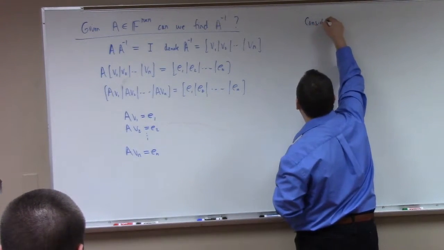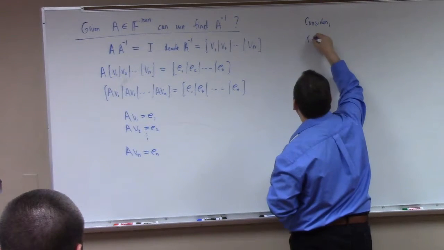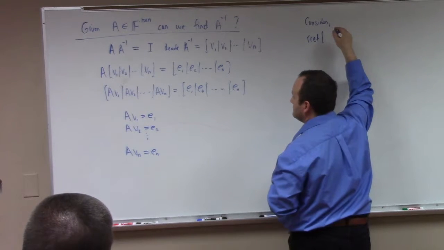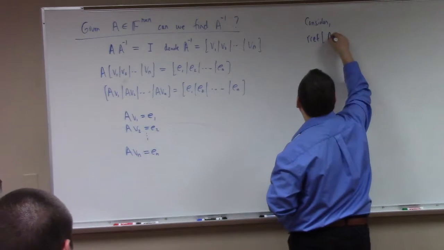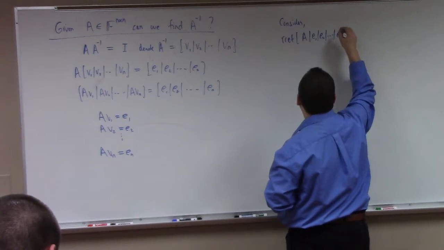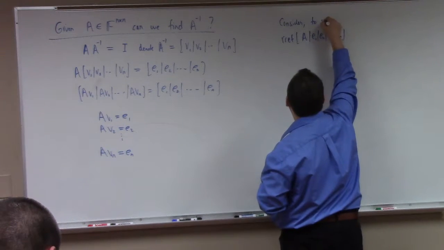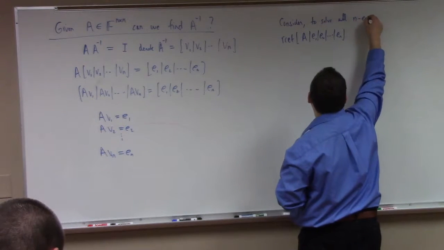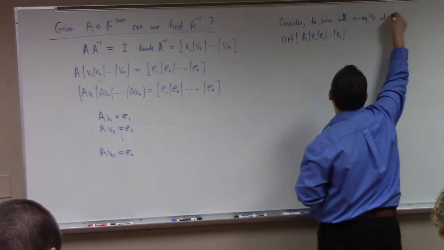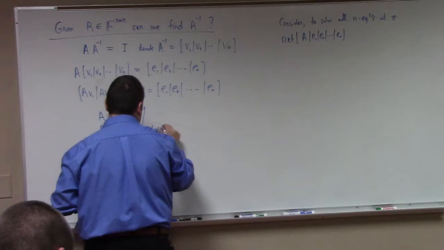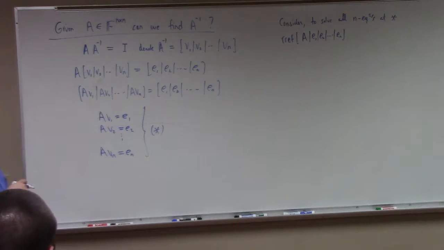We consider the reduced row echelon form of A with E1, E2, En. To solve all n equations, which I'm calling star, we just need to calculate the reduced row echelon form of that.